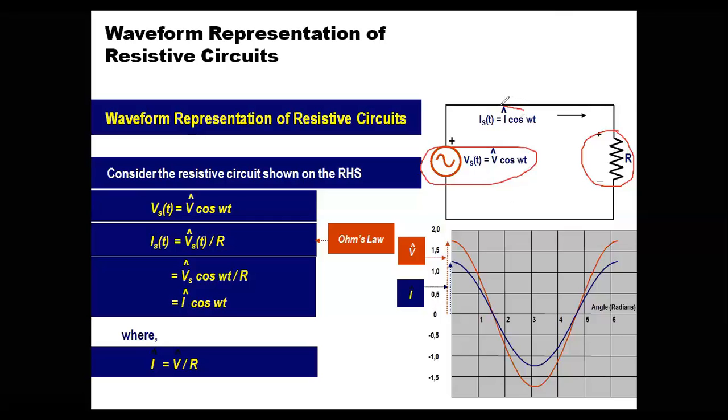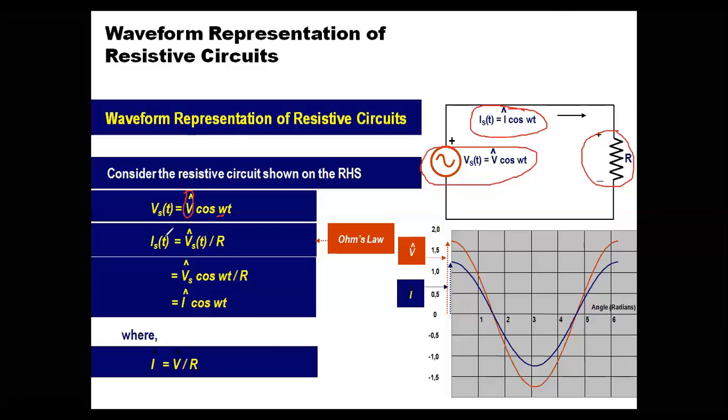And what you can see here is the source current. We know that our voltage source Vs is V̂ cos ωt, where ω represents the angular frequency, and the V with the hat on top of it represents the amplitude, the peak or maximum voltage. And Vs represents the source voltage.